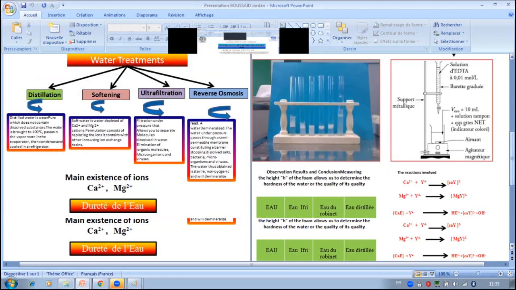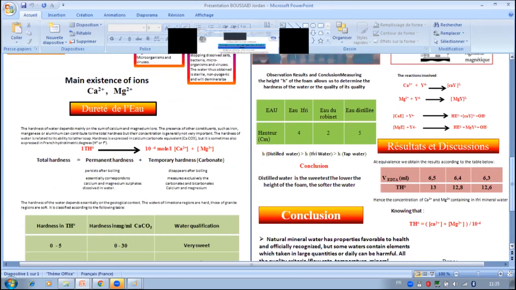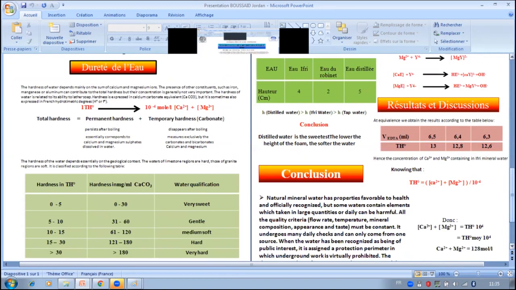The hardness of water. The hardness of water depends mainly on the sum of calcium and magnesium ions. The presence of other constituents such as iron, manganese, or aluminum contributes to the total hardness, but their concentration is generally not very important.